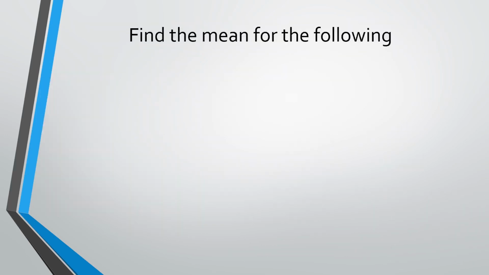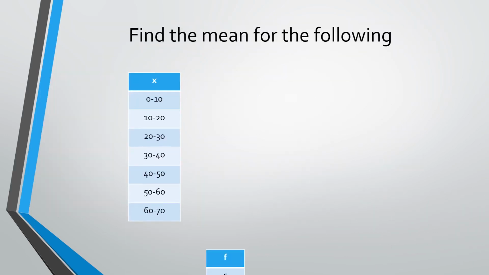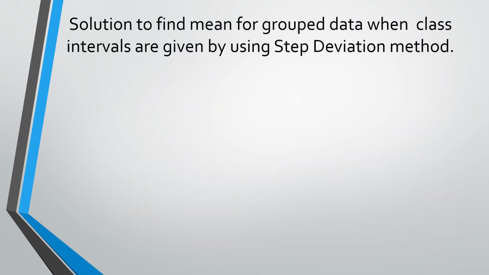The next, I consider the same problem, that is the x and the f values, and I now present you the solution by the indirect method or step deviation method. That is the solution to find the mean for grouped data when the class intervals have been given by using the step deviation method.